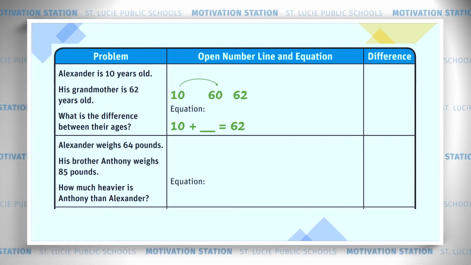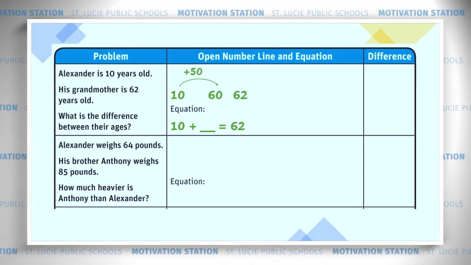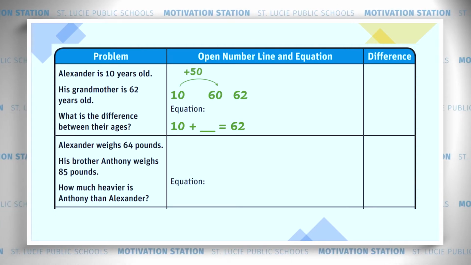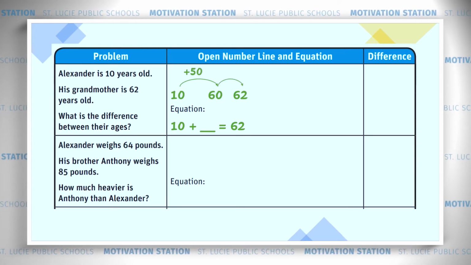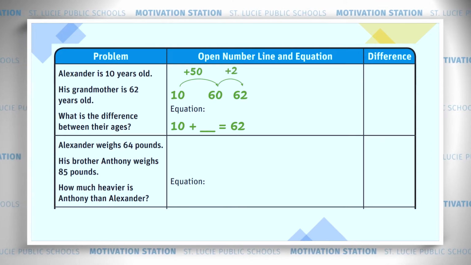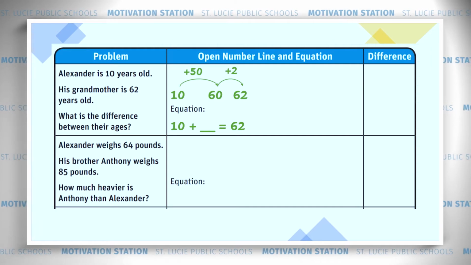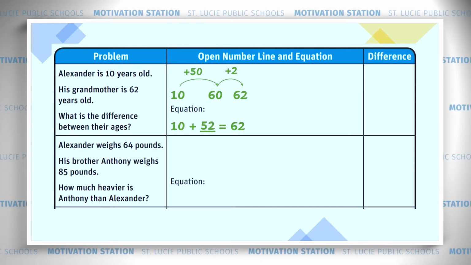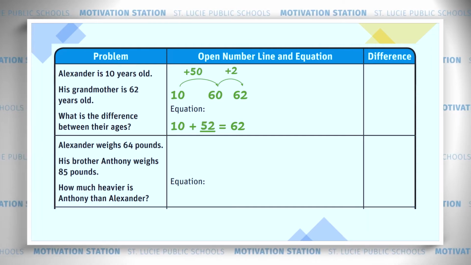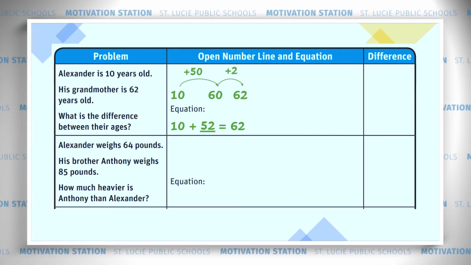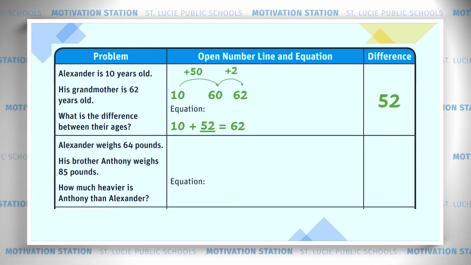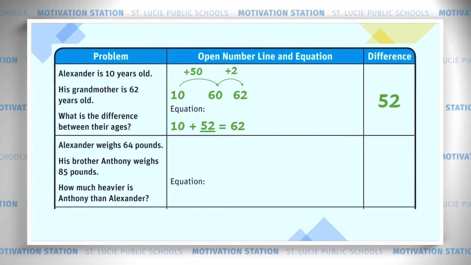Well, I could get to 60, and that would be plus 50. And then from 60 to 62, that's easy. That's just plus 2. So I write that. Now I have to total up my two jumps. 50 plus 2 is 52. 10 plus 52 equals 62. Remember to write the difference in that final column.